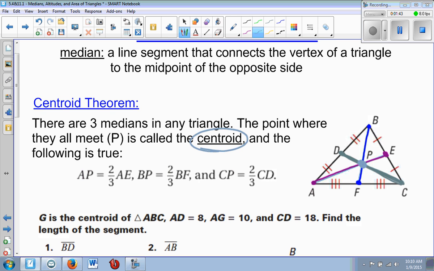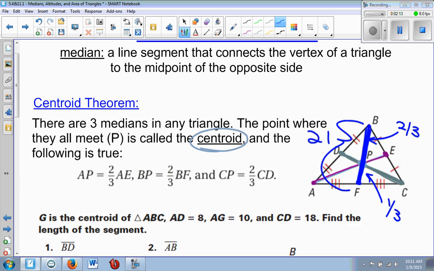So let's take the blue segment, for example. The entire segment length, if I told you it was a numerical value like, say, 21, each of the pieces of the segment are broken into portions of that 21. The top portion is 2/3 of the entire length, and the bottom portion is 1/3 of the entire length.